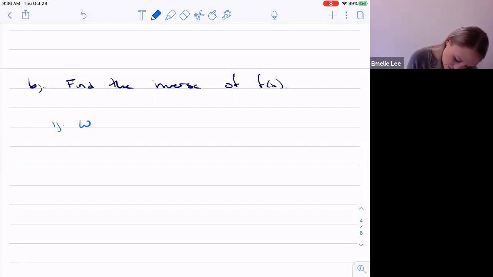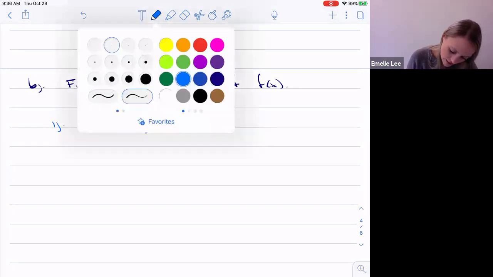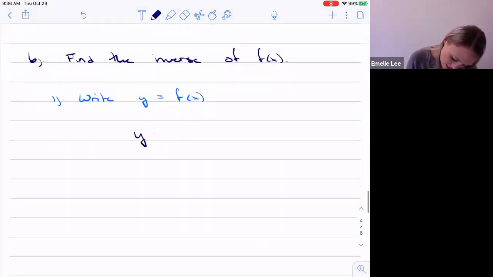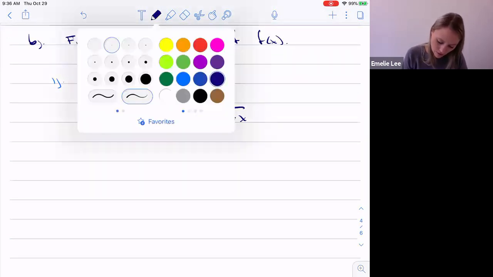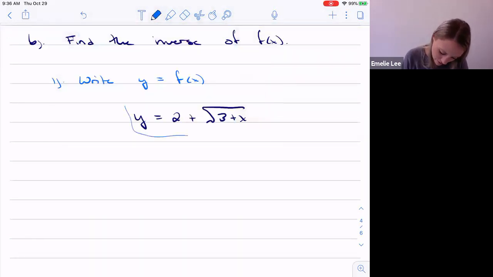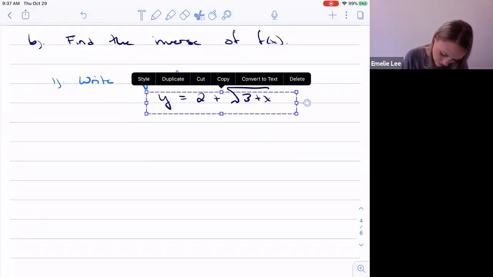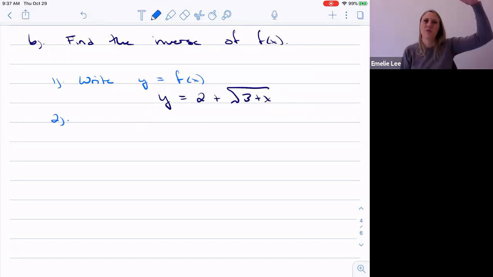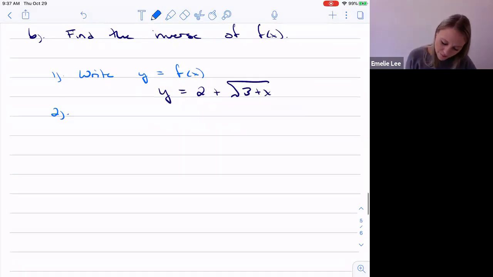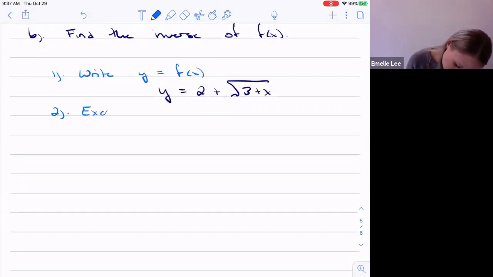The first thing we have to do is write y equals f of x. So in our case we have y equals, and our f of x was 2 plus the root of 3 plus x. I'm going to scoot this up here. Our second step, just so it's not so long, is we're going to exchange x's and y's.